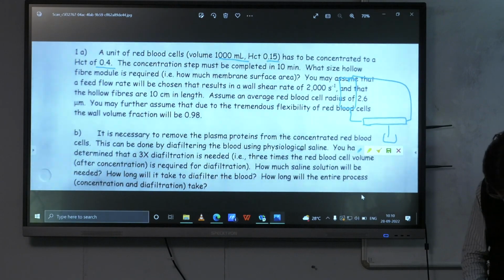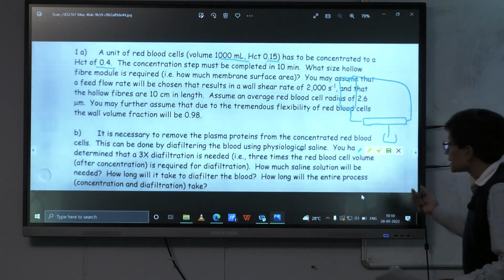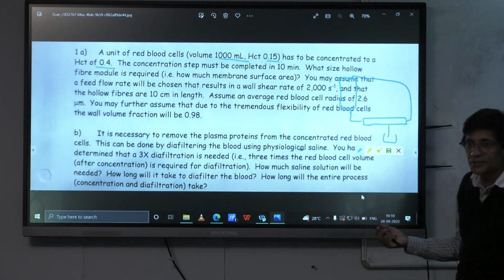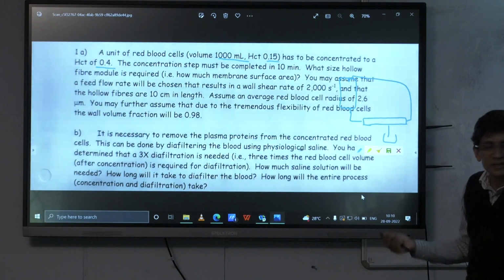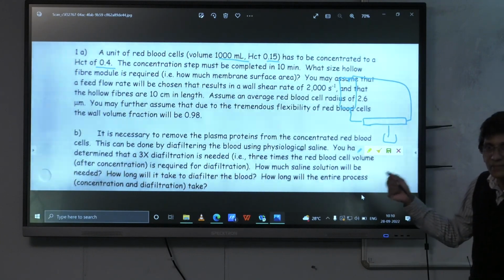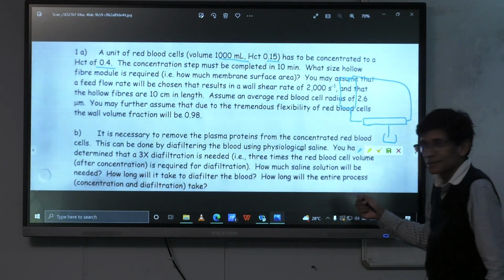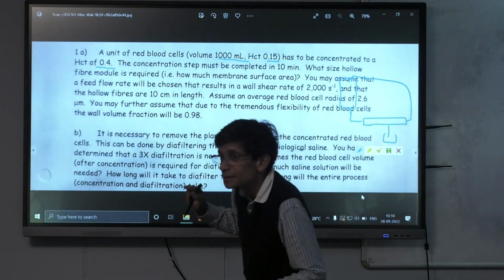Anybody know? In other words, what's the permeate volume? That's a fairly easy question, I hope. It's a mass balance. Can anybody tell me how to calculate it?